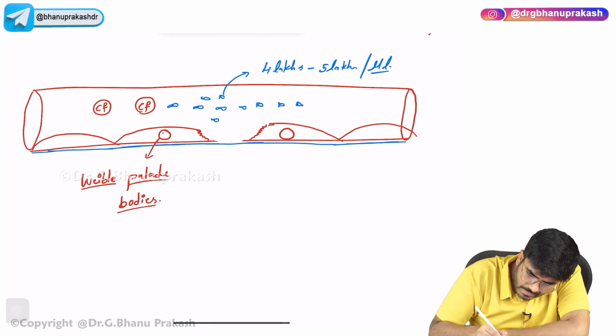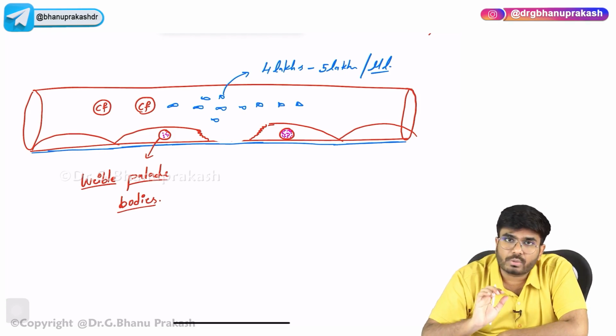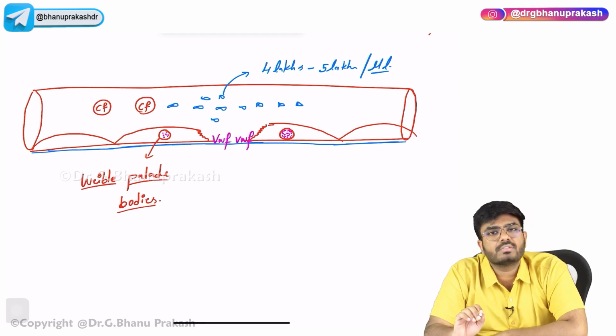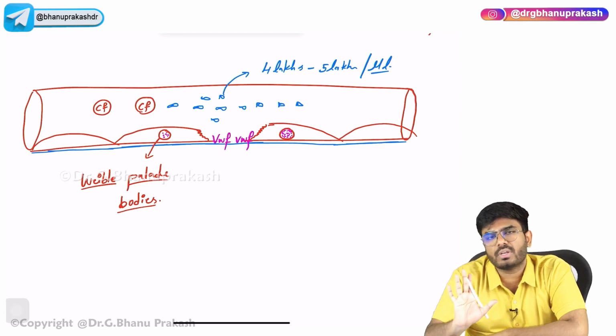Do you know what is in these Willebrand bodies? There is this pink color molecule which I am showing here, called von Willebrand's factor. These damaged endothelial cells release this von Willebrand's factor, which is going to bind and stick with the subendothelial collagen.